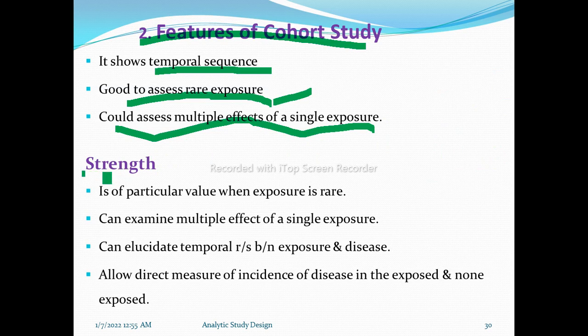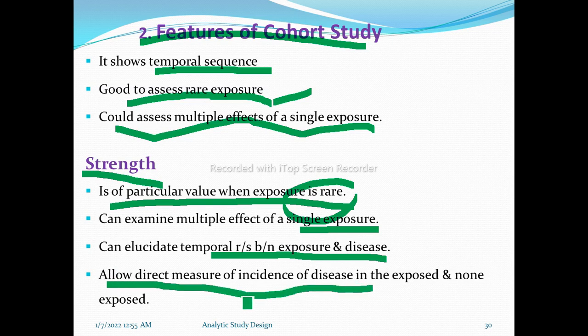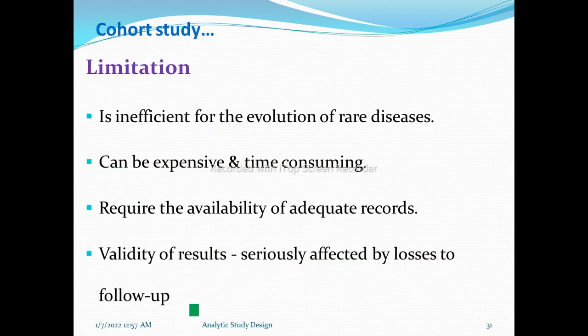So the strength of cohort study is of particular value when exposure is rare. It can examine multiple outcomes for a single exposure, can elucidate temporal relationship between exposure and disease, and allows direct measure of incidence of disease in exposed and non-exposed individuals.